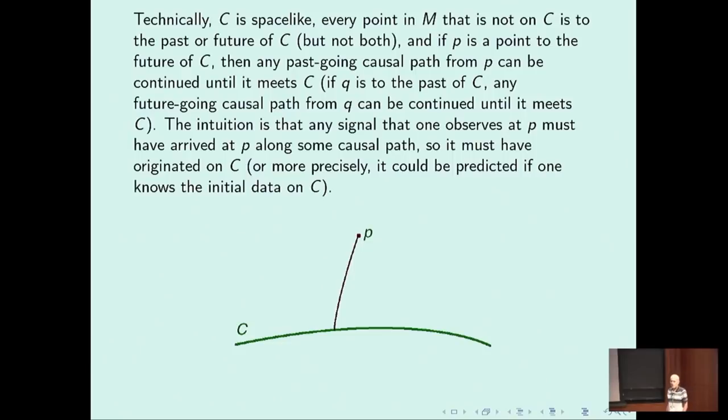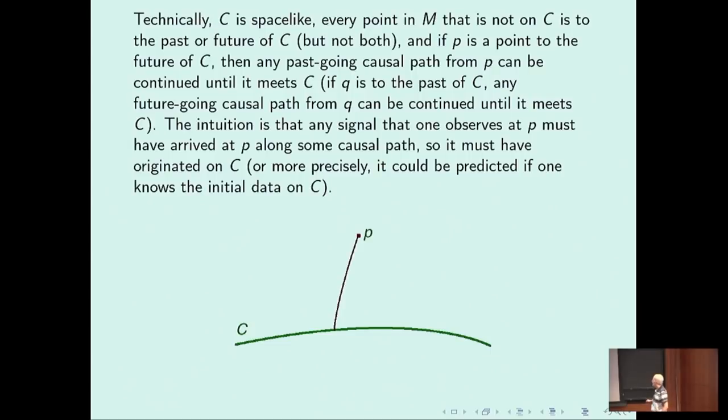So to be able to predict the physics at P based on what there was at C, roughly what you need to know is that every causal path started on C. Or to be more precise, as in this technical statement, every causal path can be continued until it reaches C. So if you want to know what signal reached P, well, it was a sum of signals on different paths.